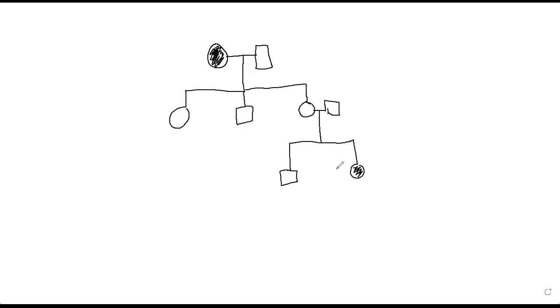Now, if you see a pedigree chart that looks like this, it is indicative of what we call an autosomal recessive pedigree chart. This means that the disorder that runs in this family, whatever it is, is recessive in nature.